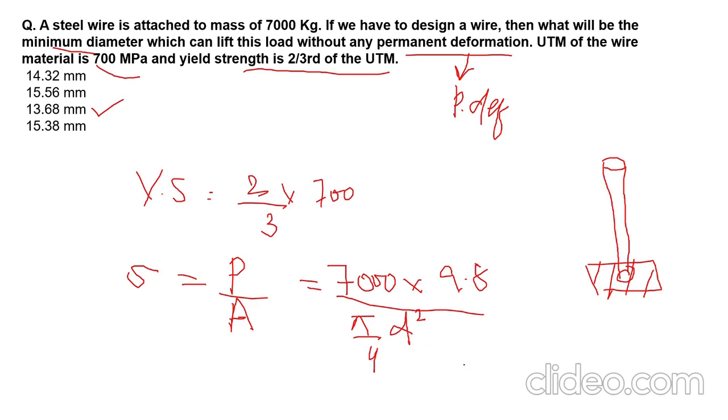So you can simplify the equation and calculate d square based on your values. This will be 7,000 multiplied by 9.8, divided by pi by 4, multiplied by your yield strength, that was 2/3, multiplied by 700.